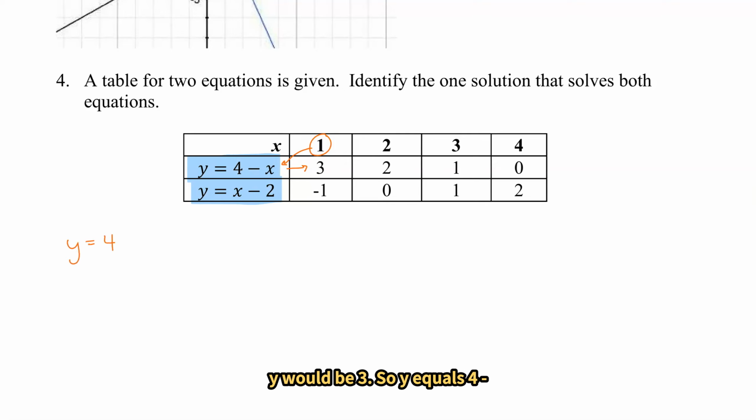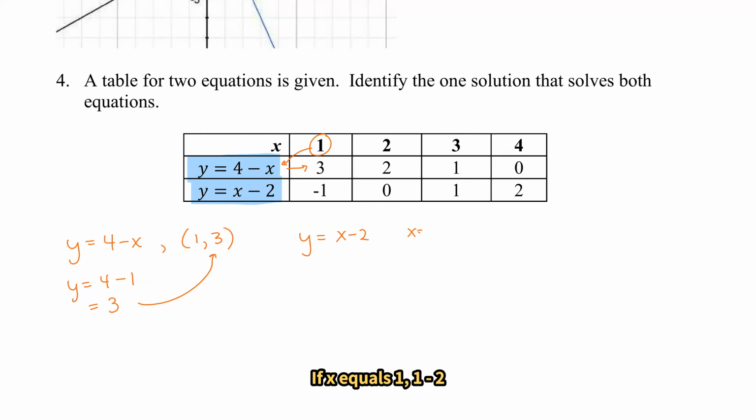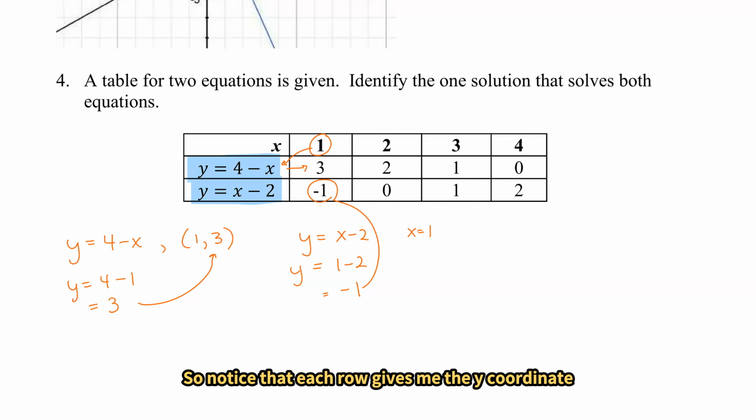If I plug in 1, I will get 3, which matches that y value. If I look at the second equation, y equals x minus 2, if x equals 1, 1 minus 2 will give me -1, which matches that y-coordinate. So notice that each row gives me the y-coordinate of the corresponding line for the given x-coordinate above. So I just have a list of 4 ordered pairs for each of these 2 lines.